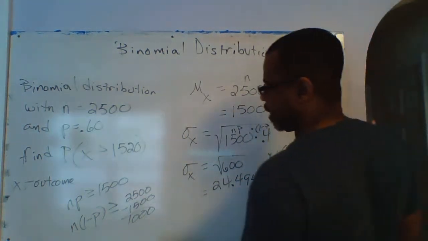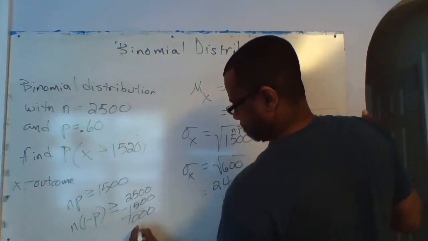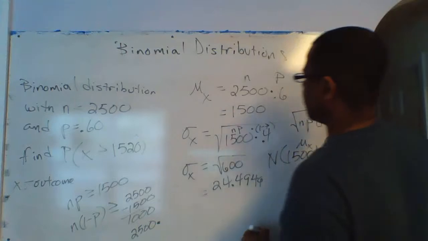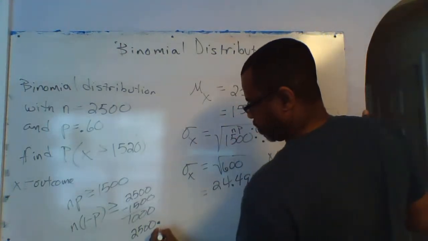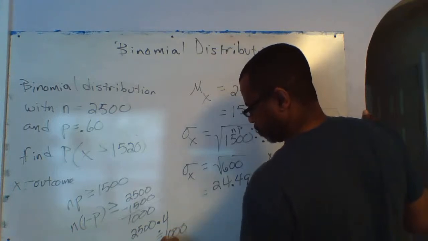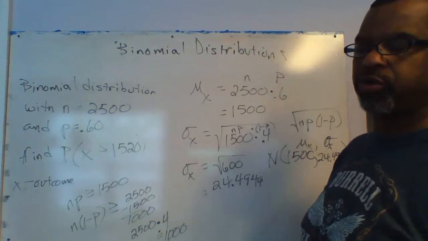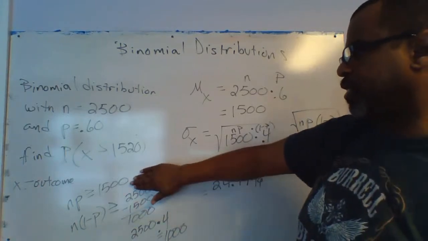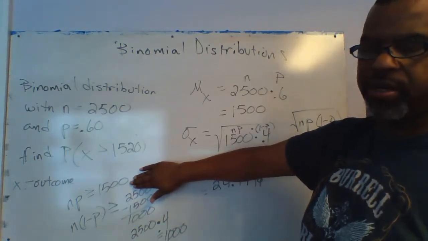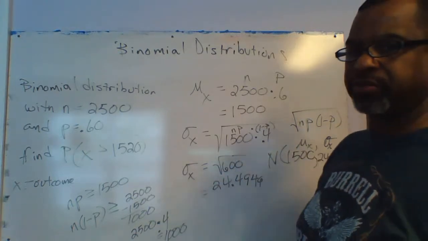If the sample size is 2,500 and we multiply that by 0.4, that should give us 1,000. The reason you can simply subtract is that you need the total sample size. So if n times p is 1,500, what's left over is 1,000.